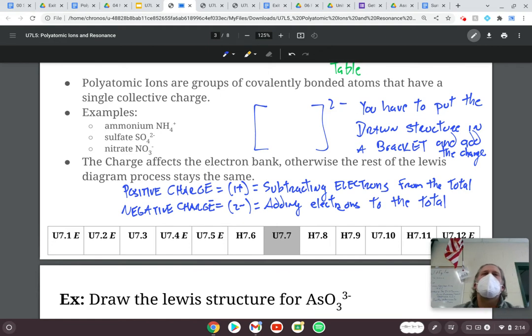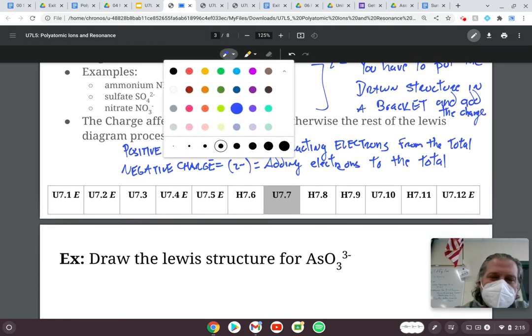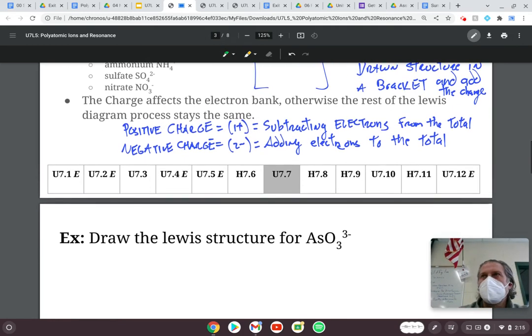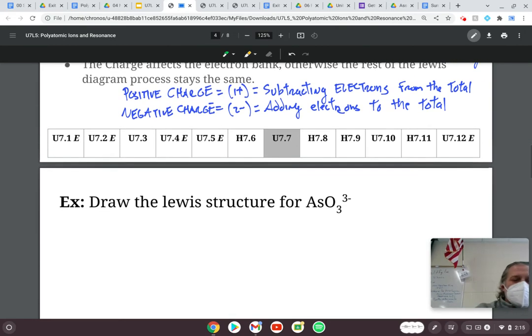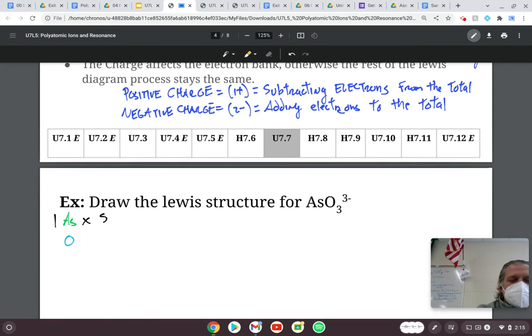So the next part of this is to do an example or two. The example that we're going to do is AsO3 minus 3, which I believe is the arsenate ion, which is one of my favorites. So here we go. In this case, we have arsenic and we have oxygen. We know that we have one arsenic, and arsenic has 5 valence electrons, and 3 oxygens.